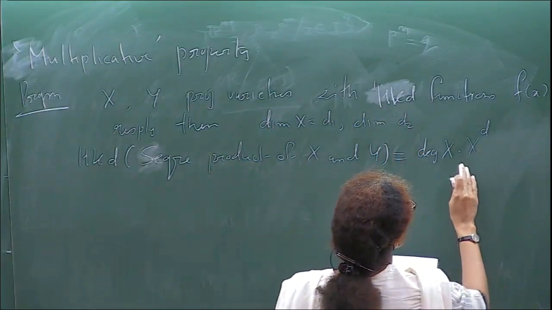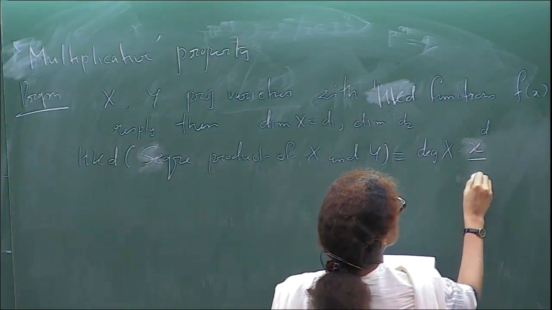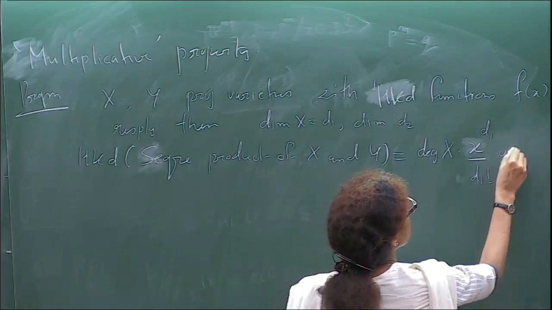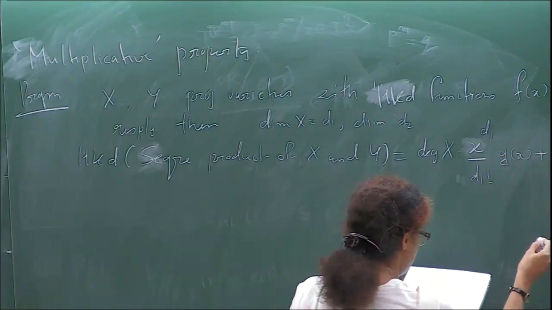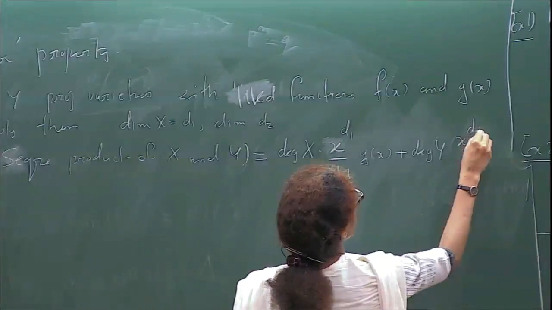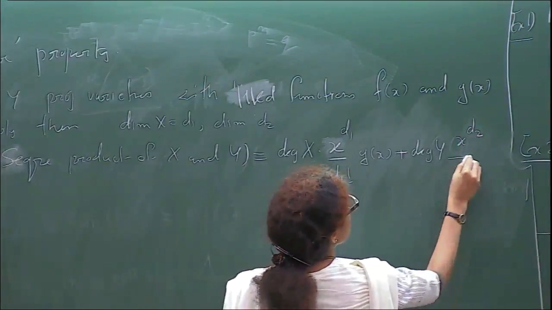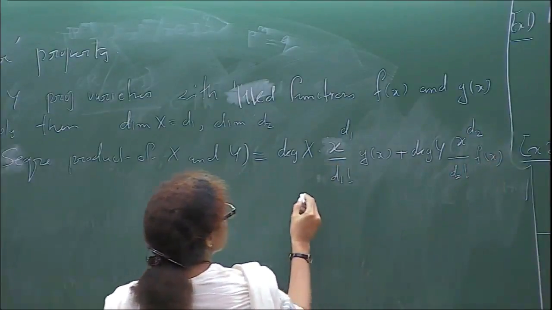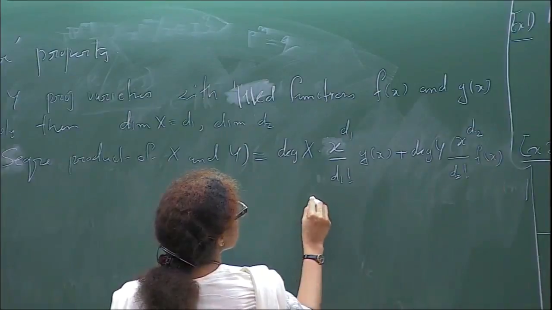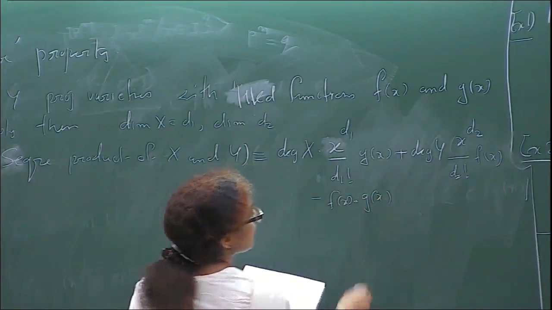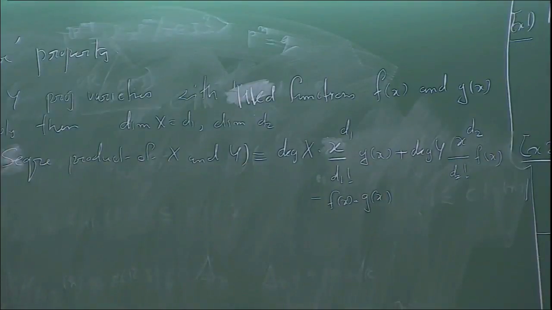So this is bad notation. So x to the power d1 over d1 factorial times g of x plus degree of Y, x to the power d2 over d2 factorial into f of x. So this is a polynomial in x minus the function fx into gx. So this is a kind of multiplicative property that holds here.